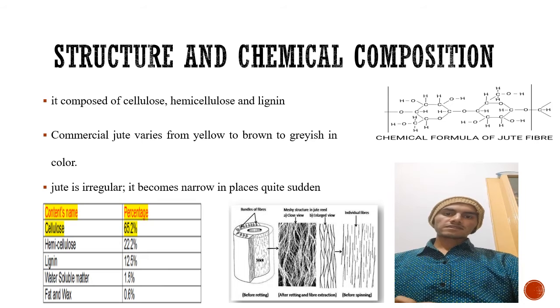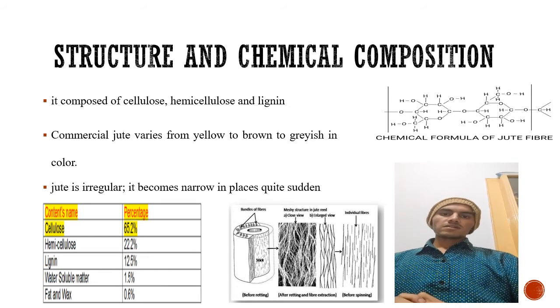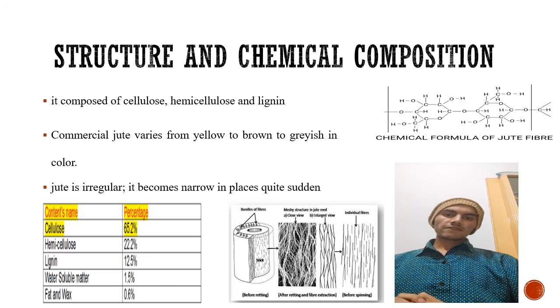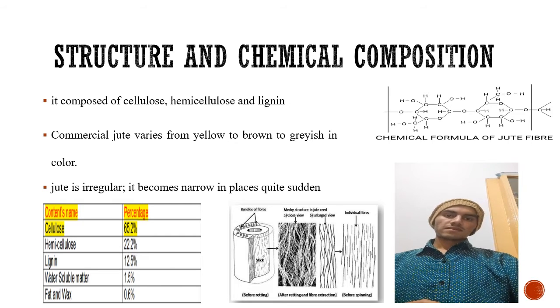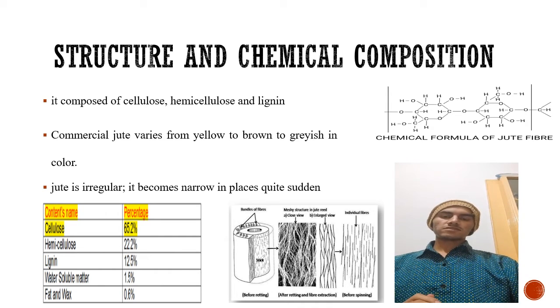In this slide, we discuss the structure and chemical composition of jute fiber. The jute fiber is composed of four to five main components: cellulose, hemicellulose, lignin, fat and wax, and water soluble matter. Commercially, its color varies from yellowish to brownish to grayish, and its surface is harder and irregular.